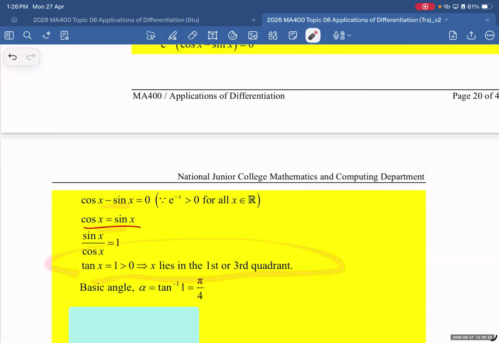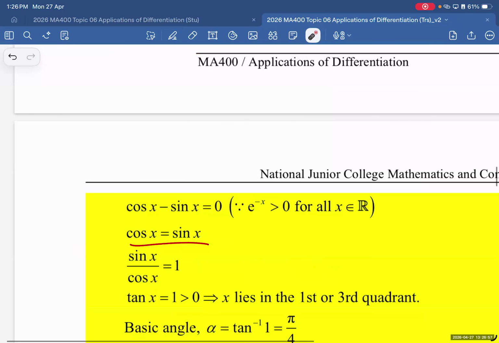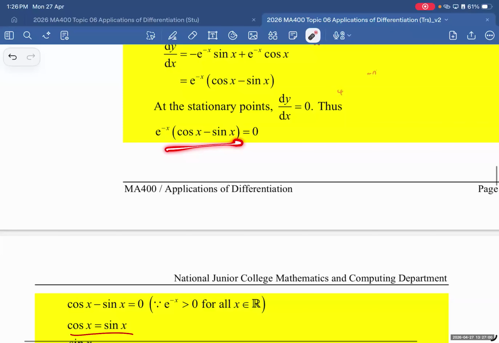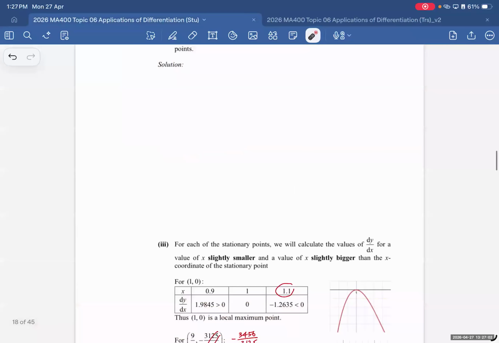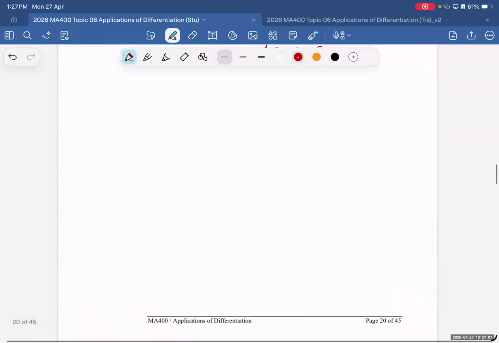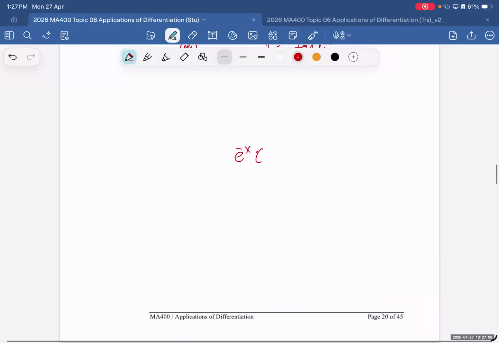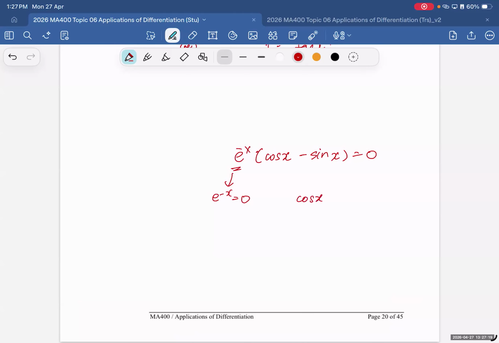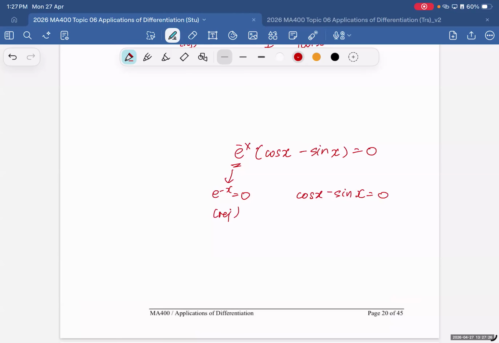Now, when I equate dy/dx to 0, so I'm equating this to 0, right? Sorry, wait. Sorry, I show you. Okay, see, I take e to the power x, cosine x minus sine x equals 0. Is it okay? This can be e to the power negative x equals 0 or cos x minus sin x equals 0. Then this one basically is rejected because e to the power negative x will never be 0.